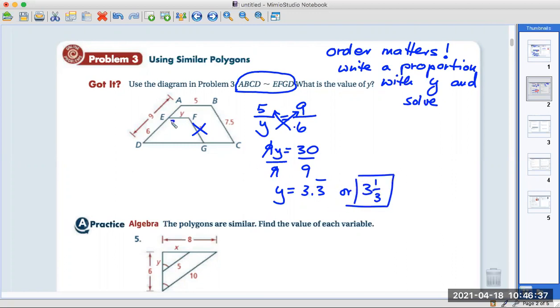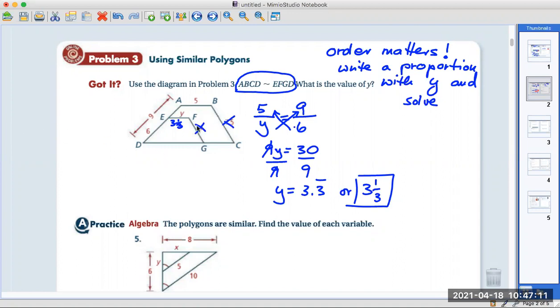So this would be 3 1/3. And that's all they wanted to know is y. They did not ask for x. So when you set up your proportion, remember you cannot have two different variables in the same equation, that you won't be able to solve. So you have to look, where are numbers I can use? I used 9 and 6. You could probably also make use of the 7.5, but we didn't need it and we didn't need that.